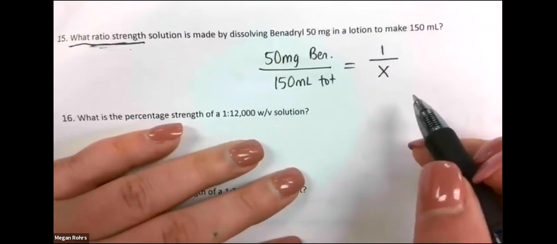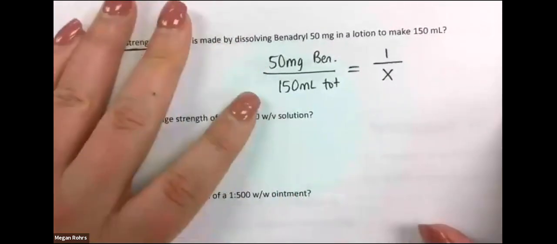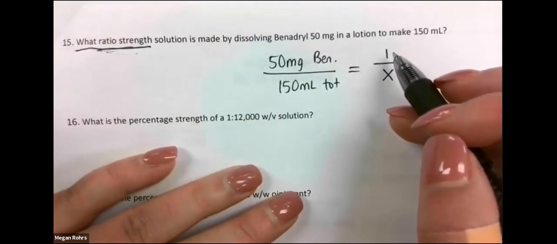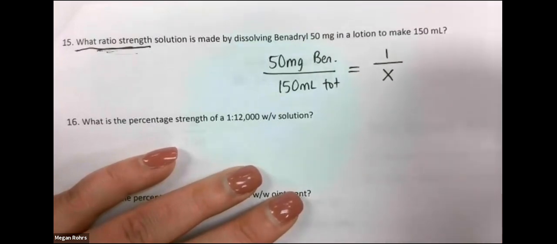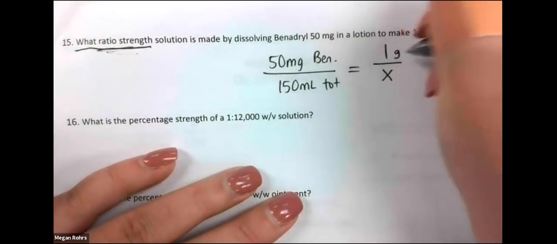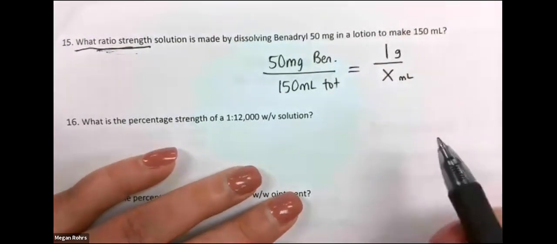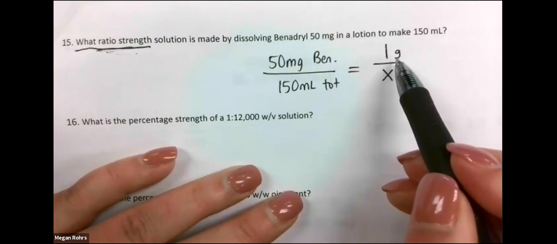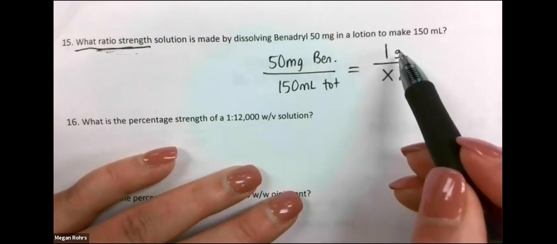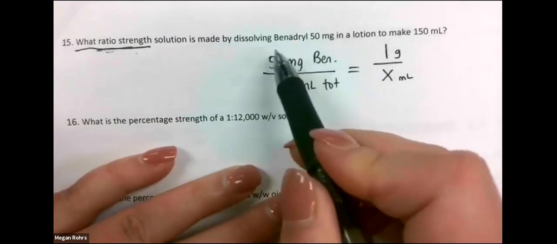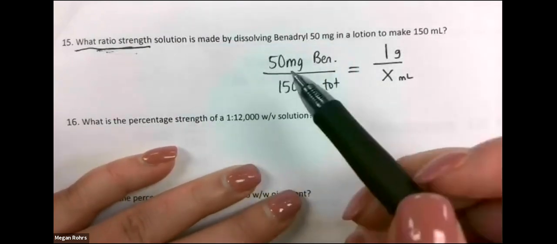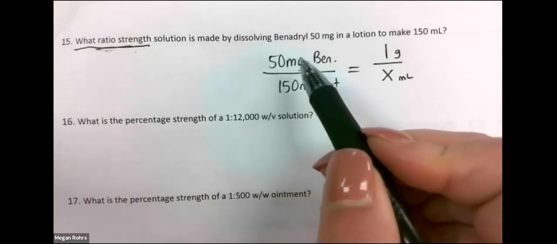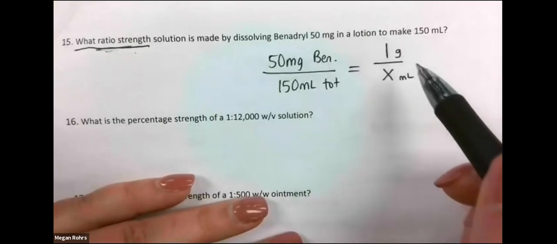But just like the last problem, do not forget that the units of ratio strength and percentage strength, the unit of weight is always gram. So this is actually 1 gram, and mils would be down here. Now mils are fine, but here I have milligrams, here I have grams. So I need to convert this into milligrams or convert this into grams. I'm going to convert this one into grams because I want to keep my ratio as a 1 to X.